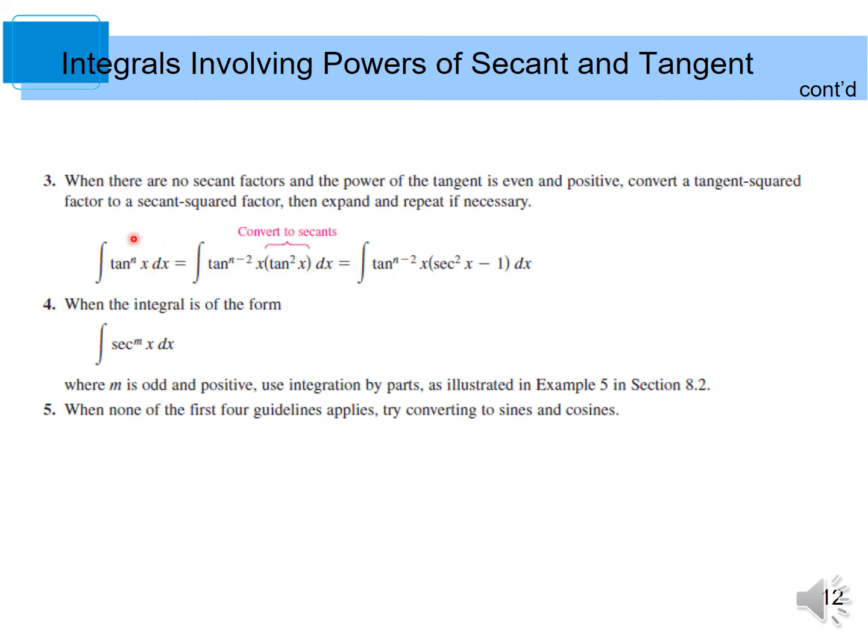Now we try to break the tangent power n into tangent power n minus 2 and tangent square. And then we convert the tangent square x here into secant square x minus 1.